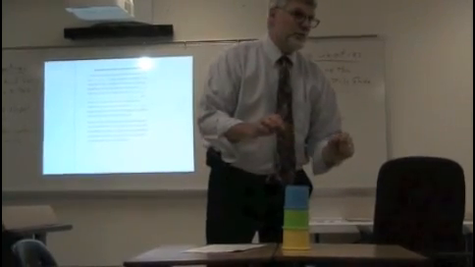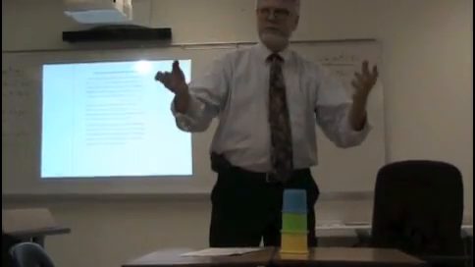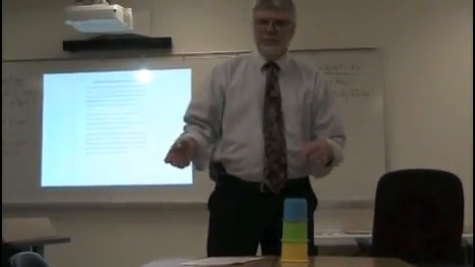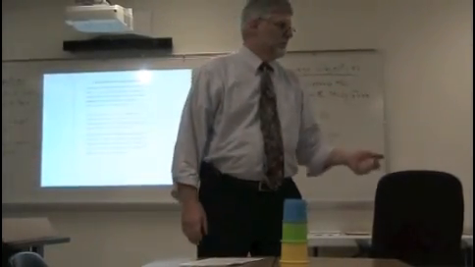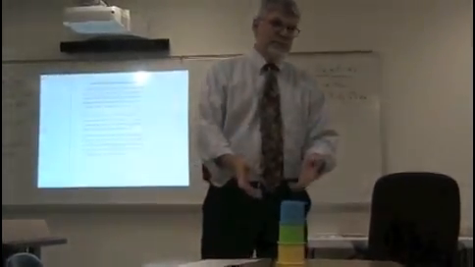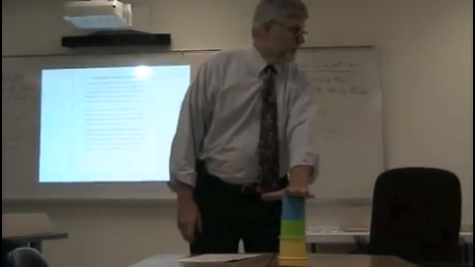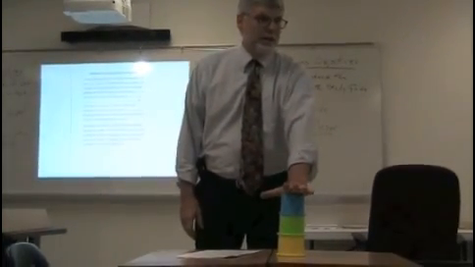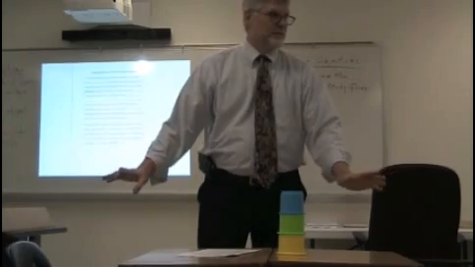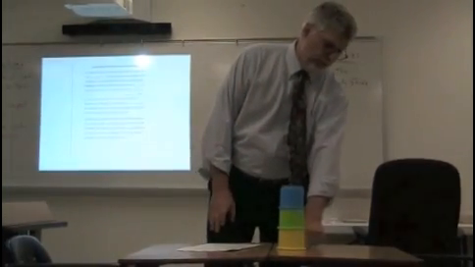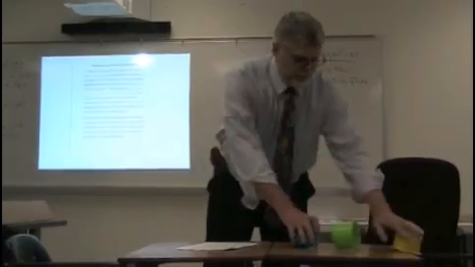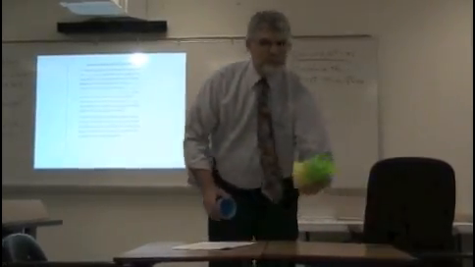Weathermen show contour maps all the time on the news, and those contours connect points of equal pressure or equal temperature. In this case, it's equal elevation. So a contour is just a line connecting points of equal value, and here it's elevation. So here's your 0, 5, 10.